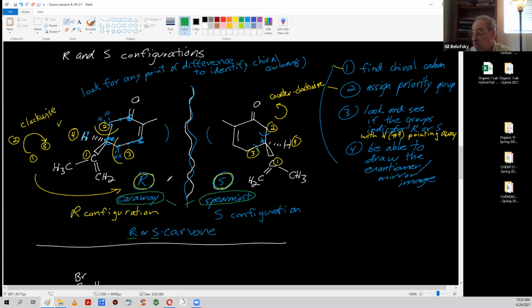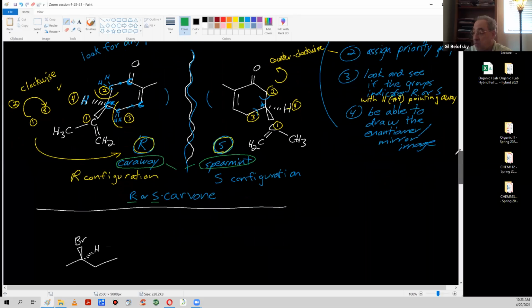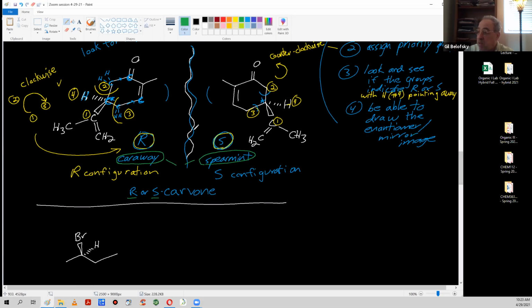Different drugs need to be either R or S. There are examples of drugs that were prescribed as a mixture of R and S. One example in particular, one of the compounds had the beneficial effects, but the other compound was toxic and caused birth defects.